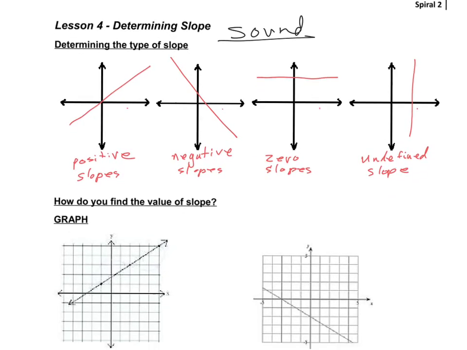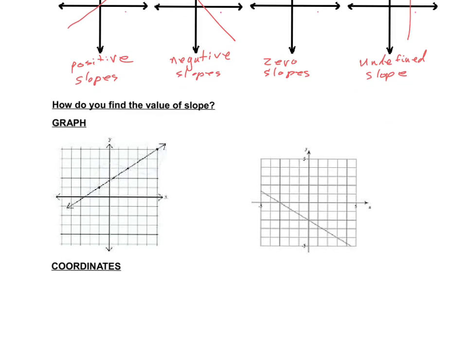Now, we're going to take a look at how we determine the value of a slope. A slope is determined as rise over run. So suppose we take this point here that's on our graph.